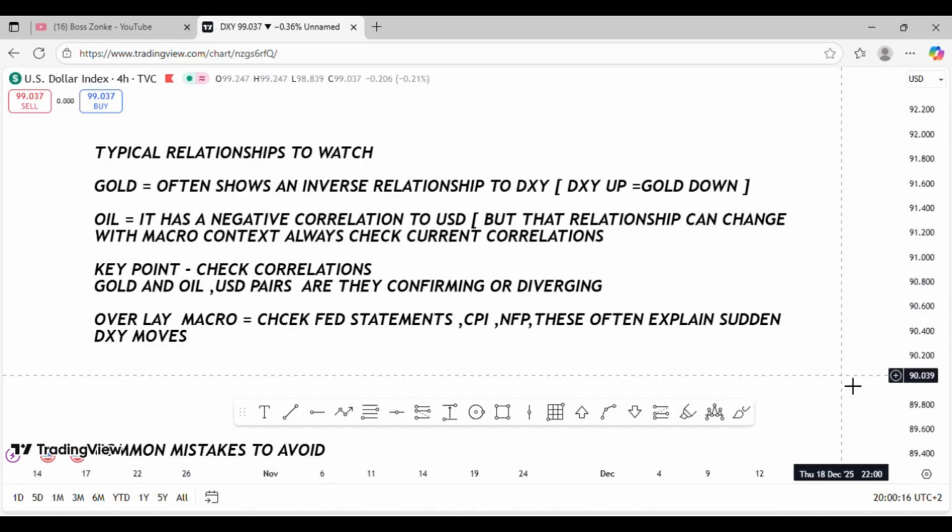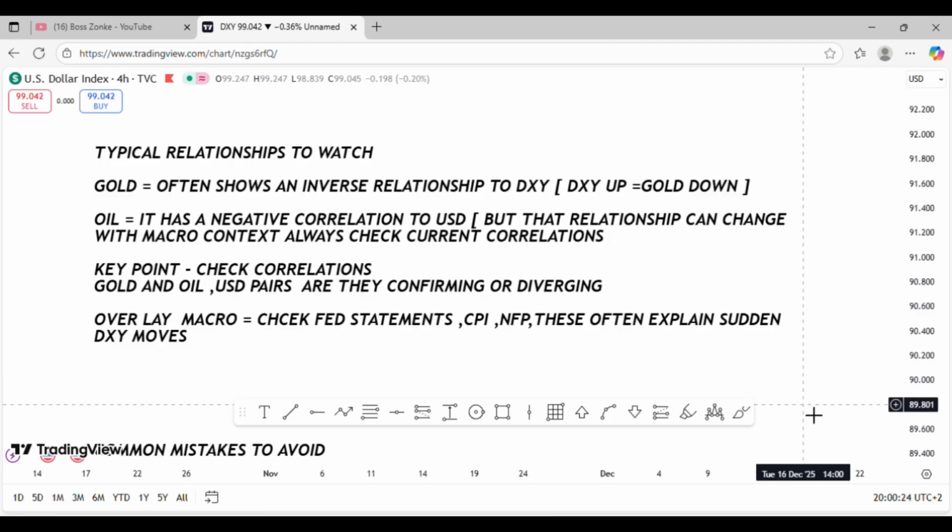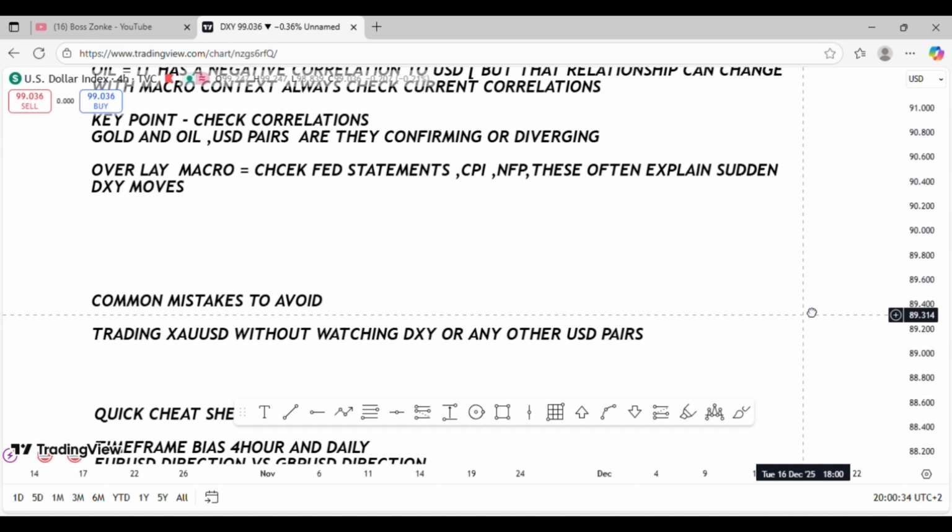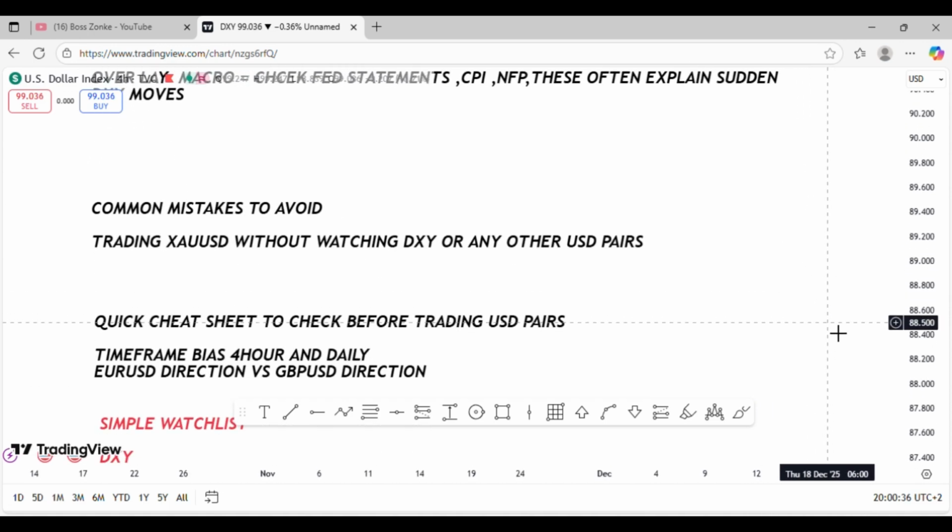For what? For them to get a framework of what they are actually working on. You understand? So having DXY, guys, especially if you are a currency trader, is very, very important. Also for beginners, because I think beginners are the ones trading currencies.